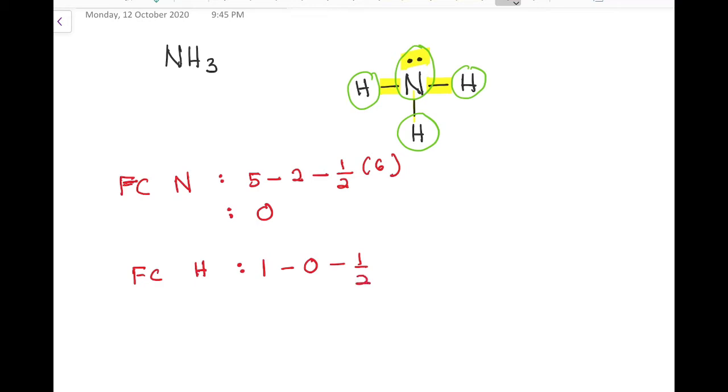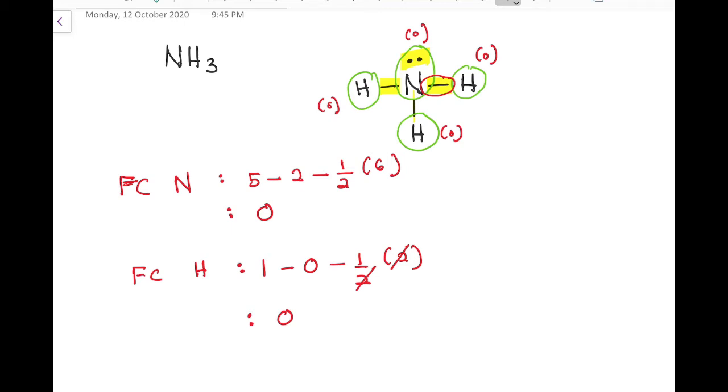How many bonding electrons? We have 2, so it becomes 1. So 1 minus 1 becomes 0. This is the formal charge for each hydrogen, and this is the formal charge for nitrogen. That's why the total formal charge is equal to 0.